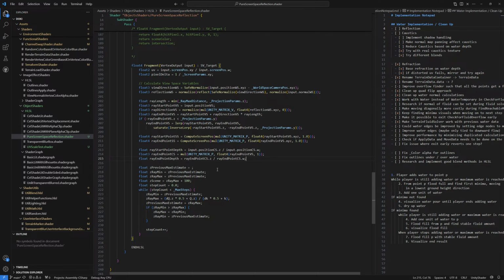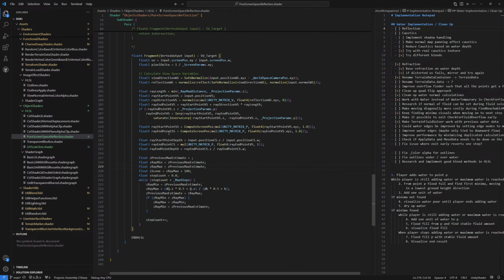Very interested in this one. Let's do, we know that this one is correct, so let's do return ray start point depth.